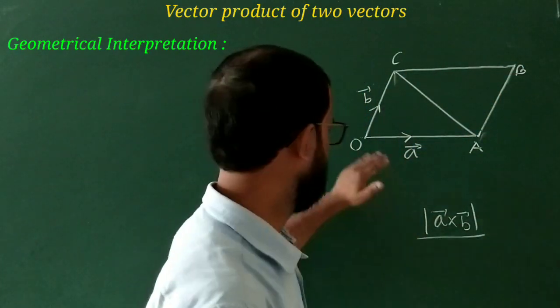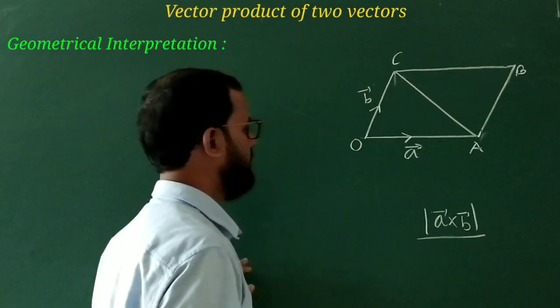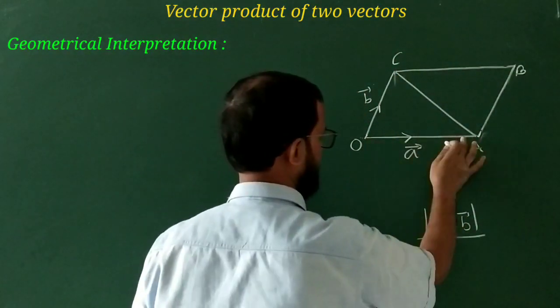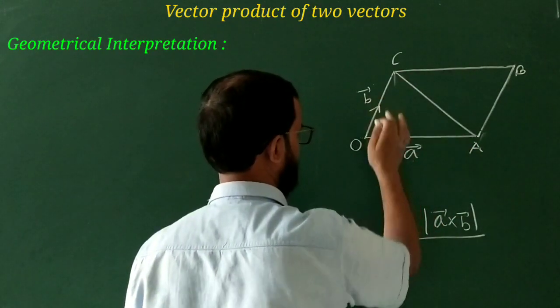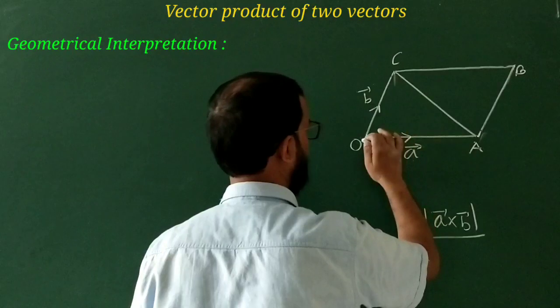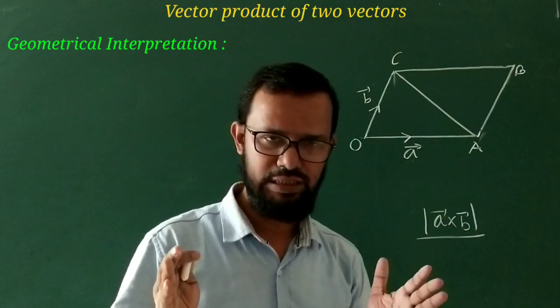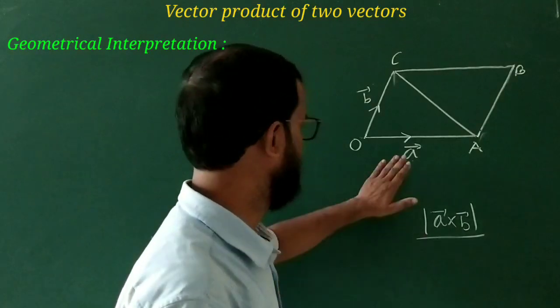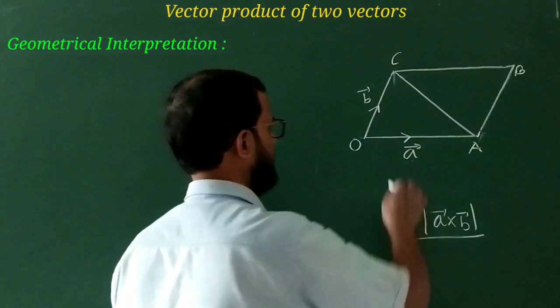OABC is the parallelogram. A vector and B vector represent the adjacent sides of the parallelogram, and finally we get this parallelogram.